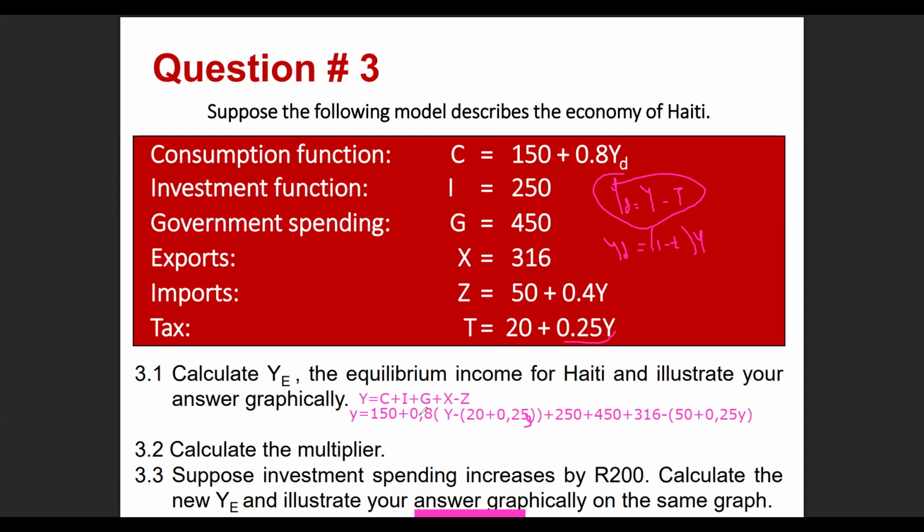And we're going to say 0.8 times Y, then 0.8 times negative 20, then 0.8 times negative 0.25Y. So this is what we're going to do.